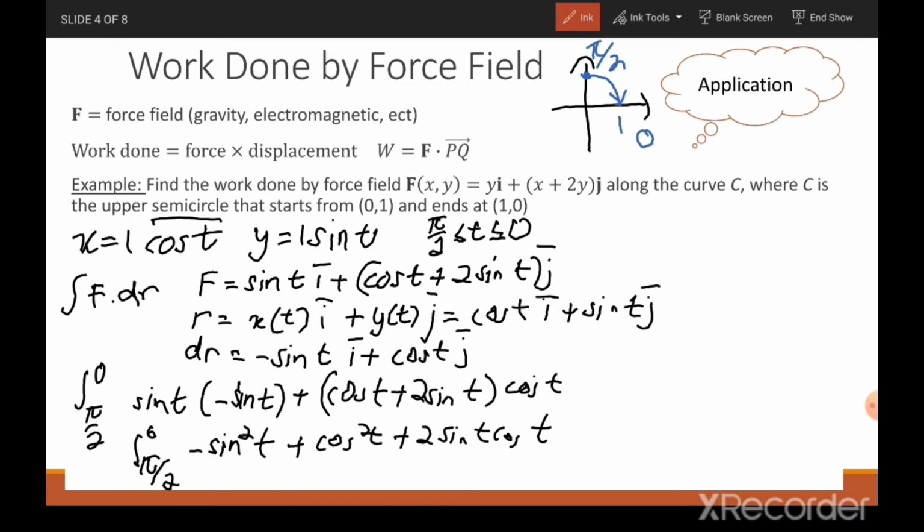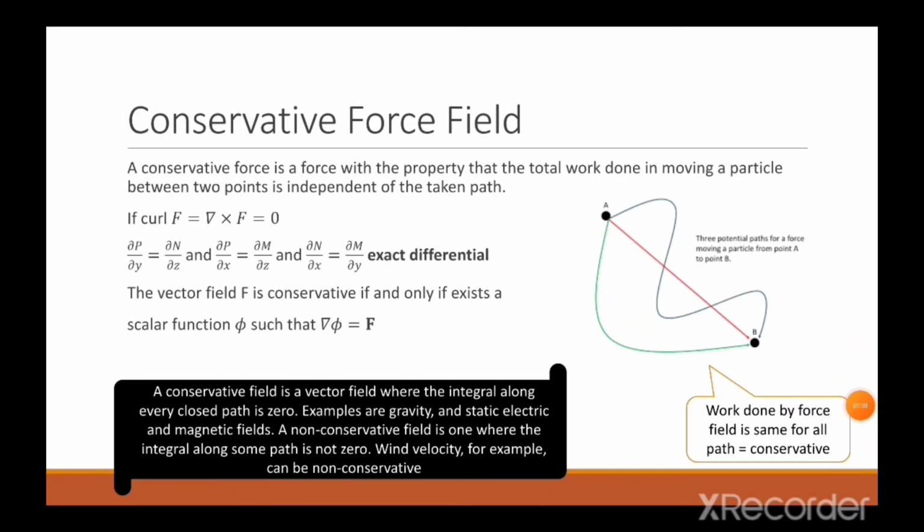So when you have sine power of 2 and cos power of 2, you need to use the trigonometry table to integrate this one. You need to convert it. We can convert sine power of 2.